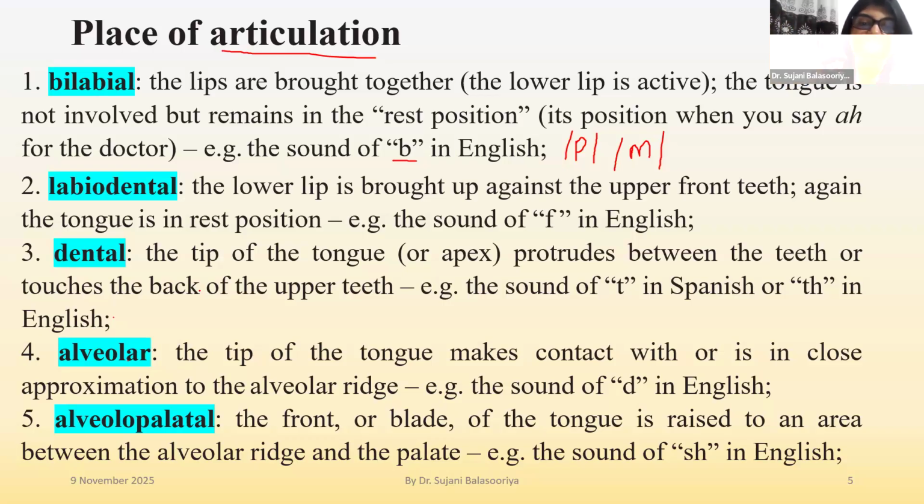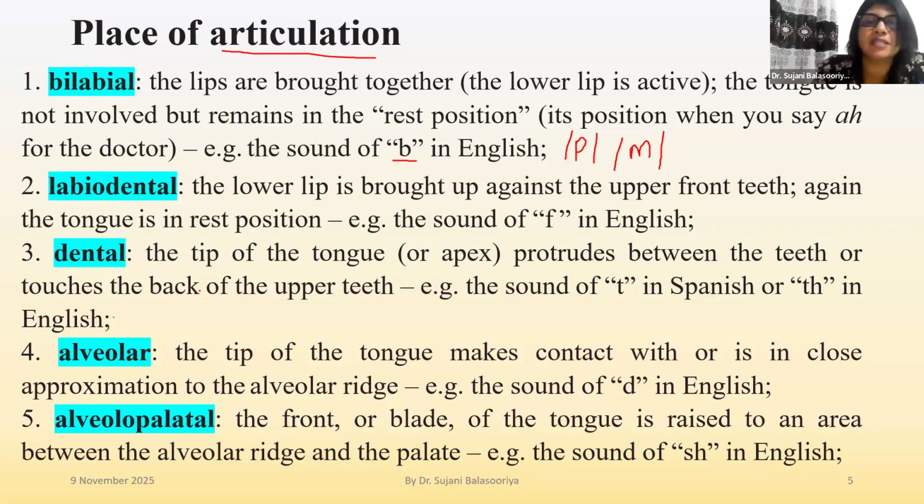When we make contact between upper teeth and lower lip, we produce labiodental sounds. It's like biting our lower lip with the upper teeth. And the tongue is not doing any significant job here.